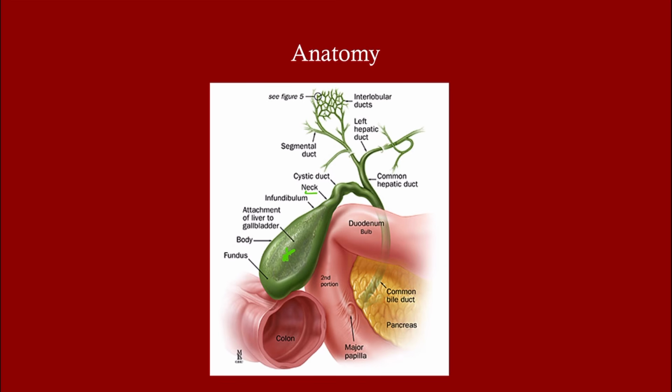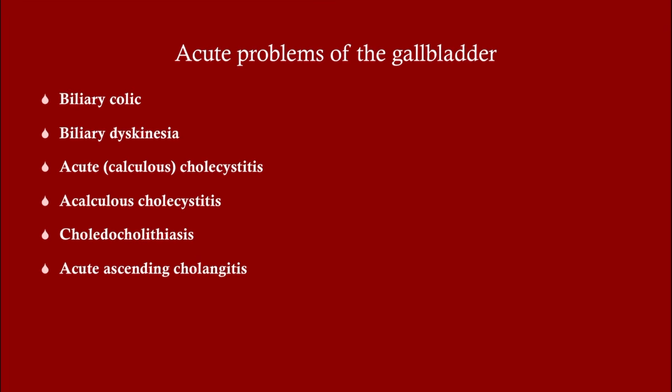Bear in mind, here is the neck and the cystic duct coming right out of the gallbladder. That is the most common place for you to get stones, which leads to acute cholecystitis. I should say the most common place for stones to lodge. And note its proximity to the common hepatic duct, which is right next to it, and that's going to be important as we go forward.